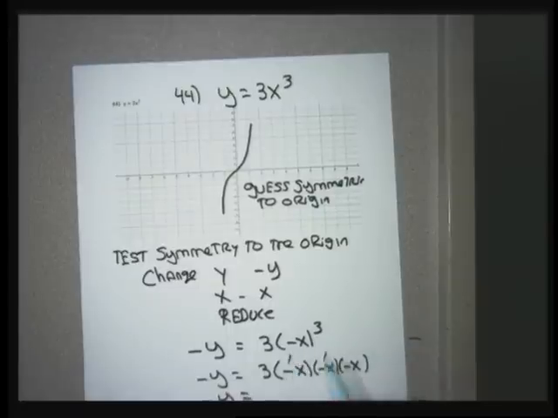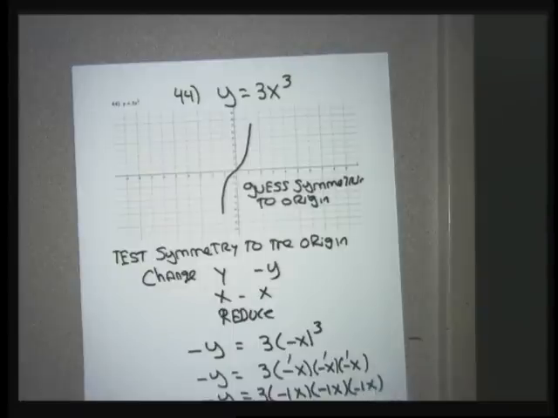If I want to really emphasize, this is 3 times negative 1x times negative 1x times negative 1x, because that's what the negative x's mean. So this is really 3 times negative 1 times negative 1 times negative 1 times x times x times x, if I separate the negative 1's from the x's. These numbers multiply to be negative 3. So I get negative y equals negative 3x cubed.